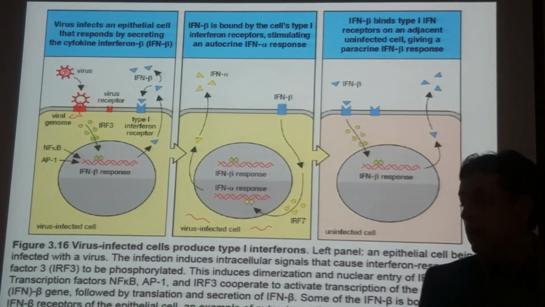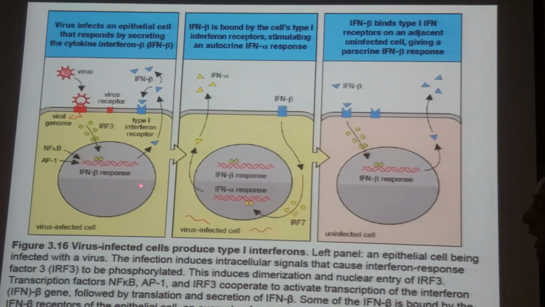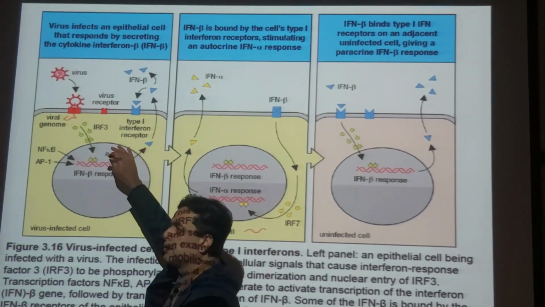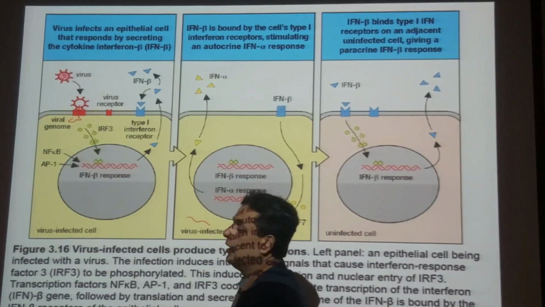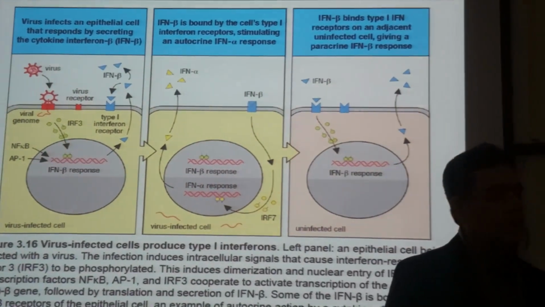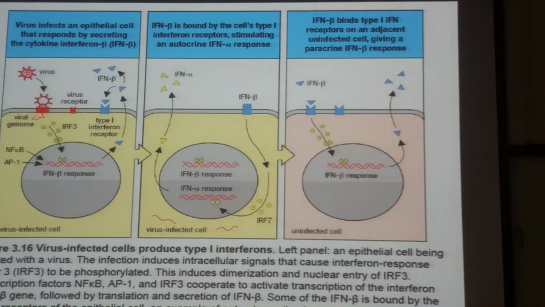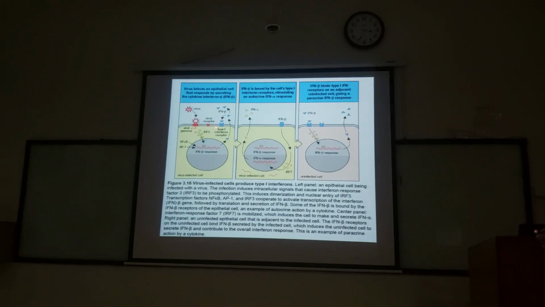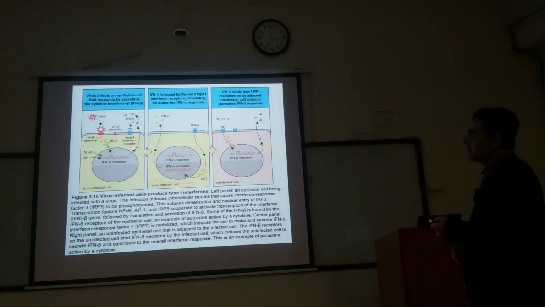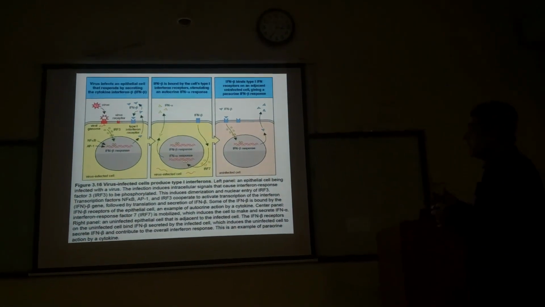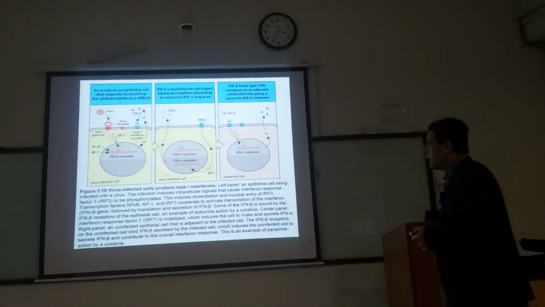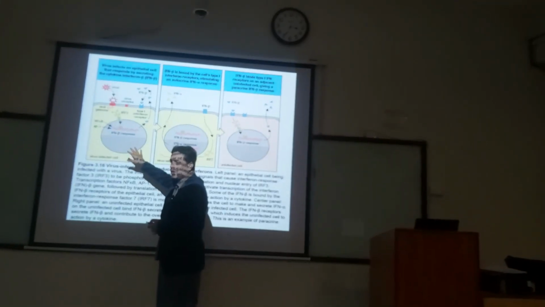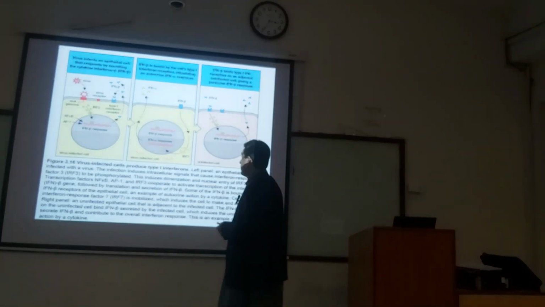It is secreted, and it acts back on the same cell, because there are type 1 interferon receptors on these epithelial cells. In the previous lecture, I told you that interferon beta can bind to type 1 interferon receptors. So for interferon beta, there are receptors on the cells where it can bind back and influence the activation of this particular cell or keep it activated.